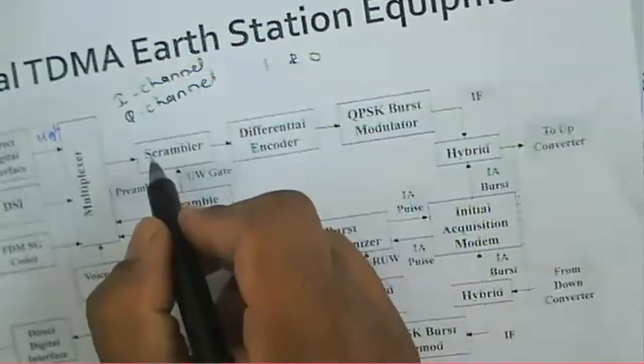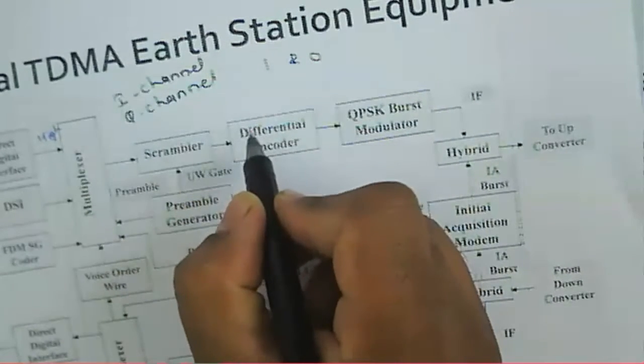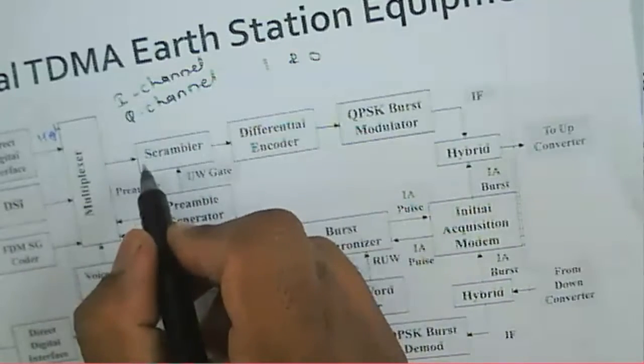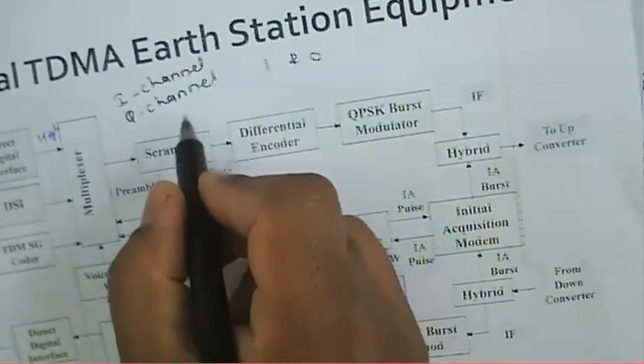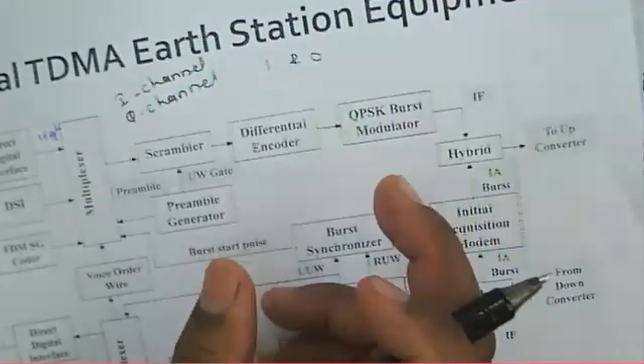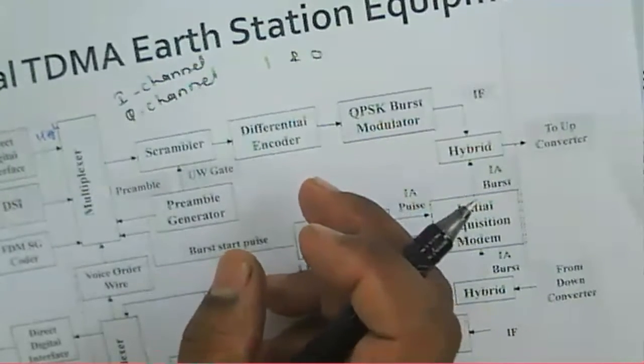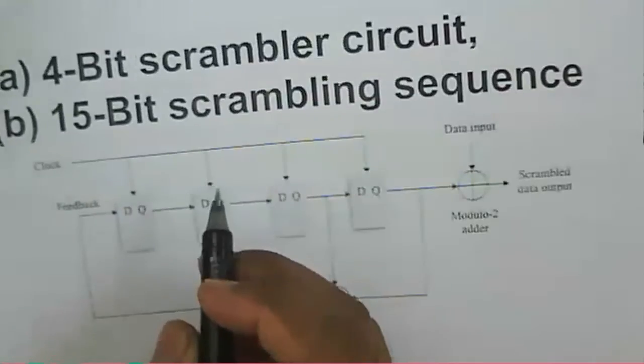So the scrambler has an output that will be generated by adding a pseudo noise sequence to this particular data bit set. Now if you see here, one example of a 4-bit scrambler circuit.